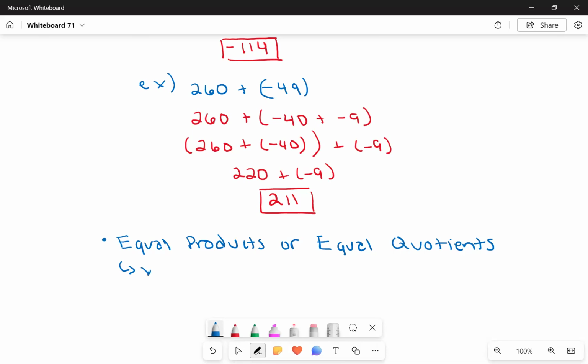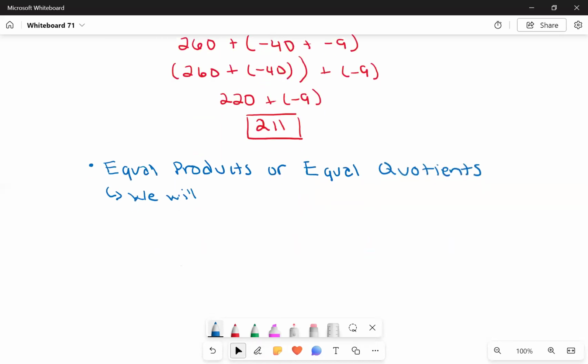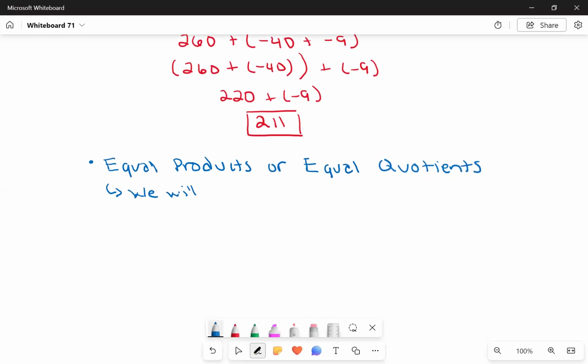So we will divide one number by a constant, but then multiply the other number by that same constant.